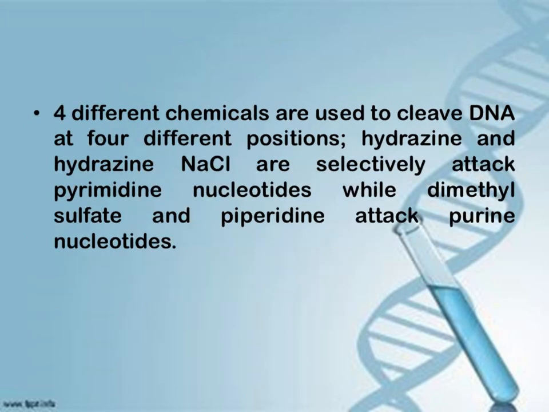Four different chemicals are used to cleave DNA at four different positions. Hydrazine and hydrazine with sodium chloride, NaCl, selectively attack pyrimidine nucleotides, while dimethyl sulfate and piperidine are used to attack the purine nucleotides.